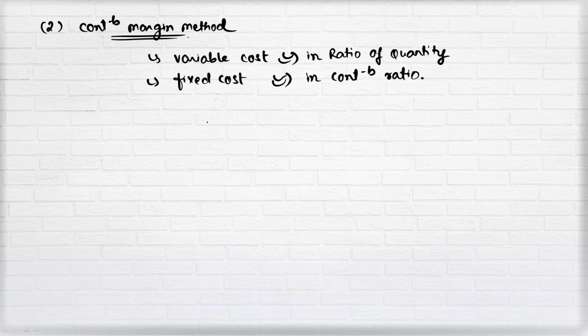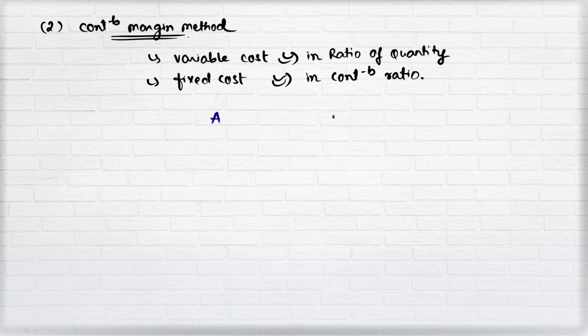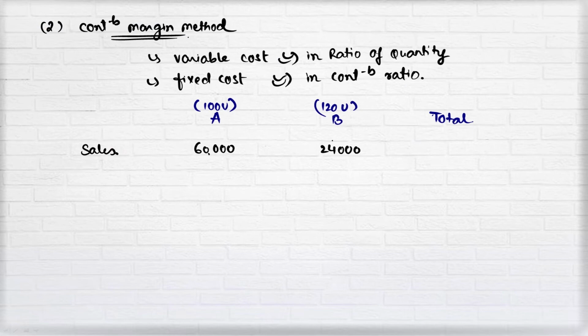Again, I will be preparing an income statement from which I will be even distributing my joint cost. A and B, total. 100 units, 120 units. Sales we already know, it is 60,000, 24,000, total 84,000.